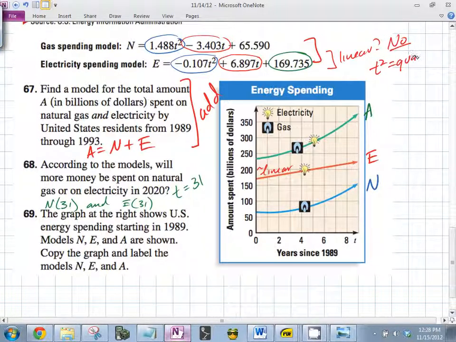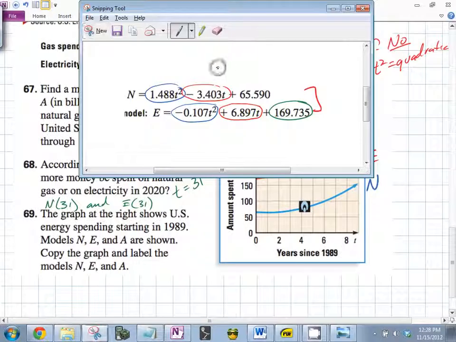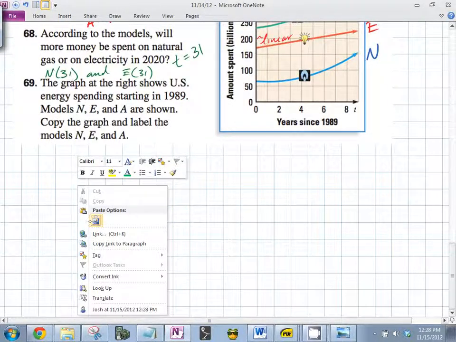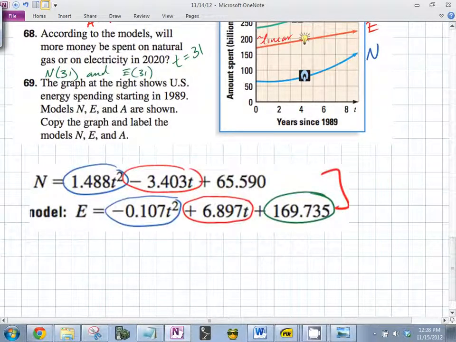And this was something that was important for you to remember. So on these two right here, how many terms are in each? N and E. There's 3 in each one. So what would each of them be called in terms of the number of terms? They're both trinomials. And they're both what in terms of degree? What's the degree of each?